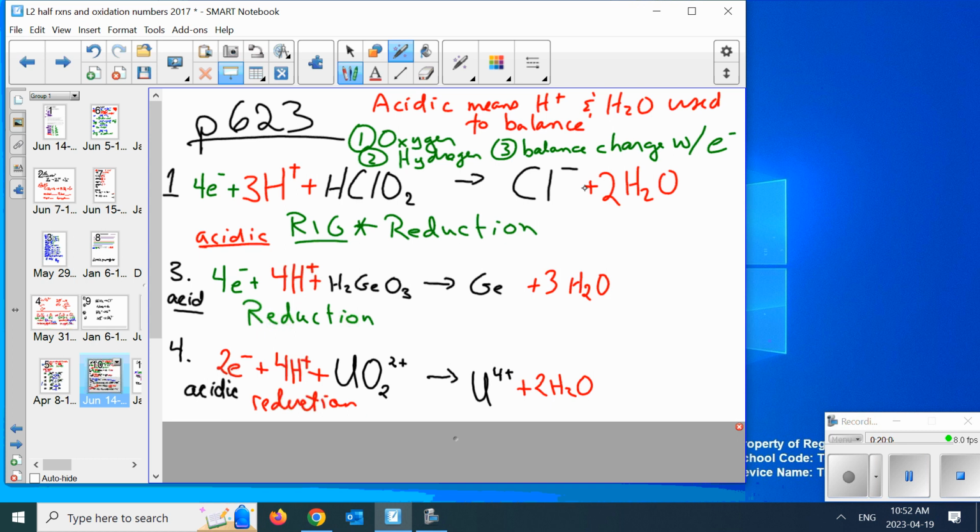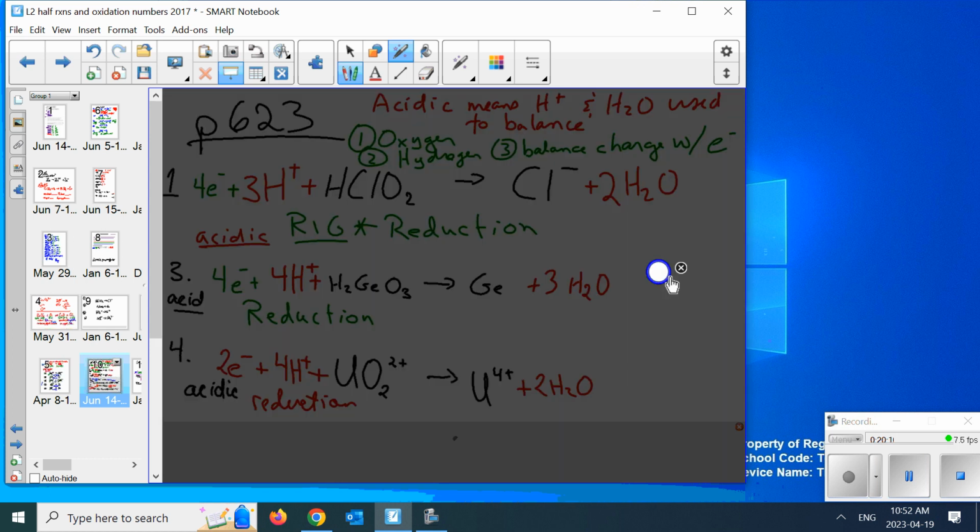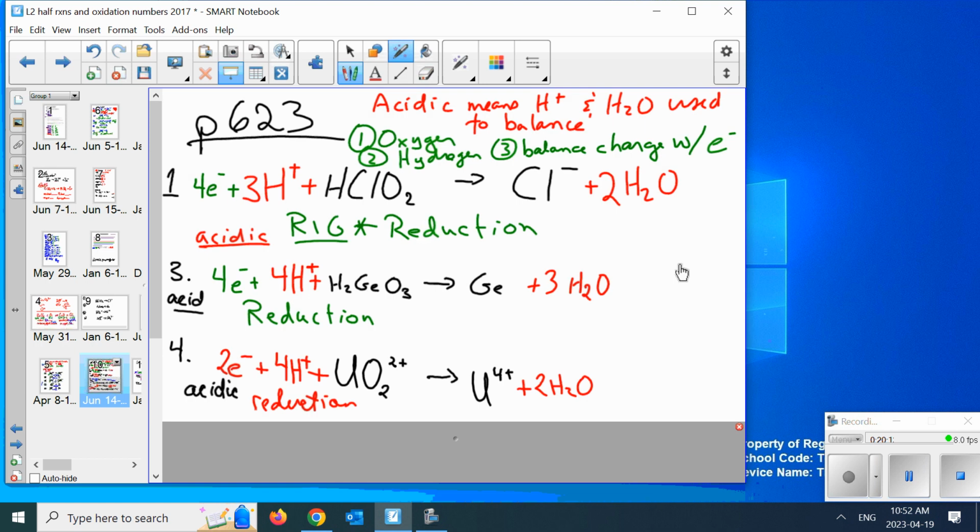So before we have this, 4 positives, 0 on that side, right? So 3, 4. You got it? 6 on the left side, 4 on the other side, so it comes down. You try to get the charges equal.